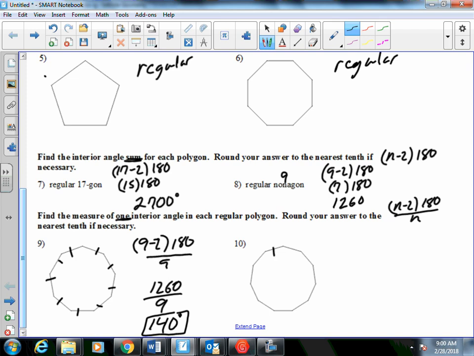And number 10, we got 1, 2, 3, 4, 5, 6, 7, 8, 9, 10, 11 sides. It's going to be 11 minus 2 times 180, or 9 times 180.